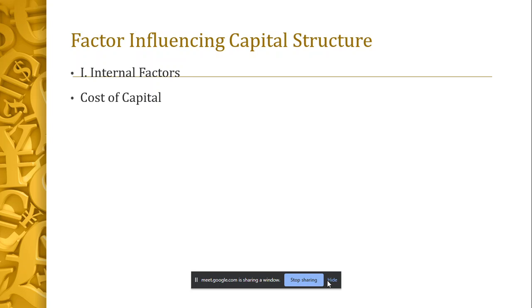It is expected that both the current cost and the future cost of each type of fund is known, estimated and compared, so that it would help in taking the decision regarding what the capital of an organization should be made of.